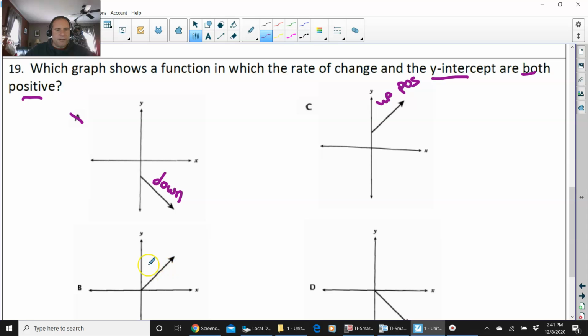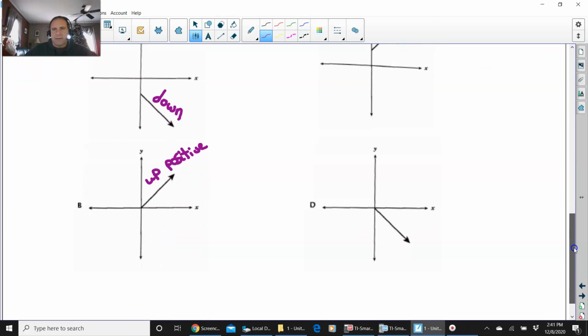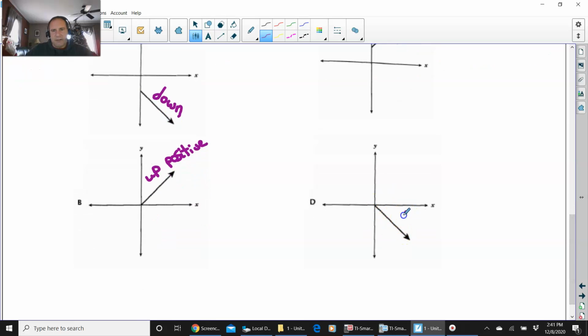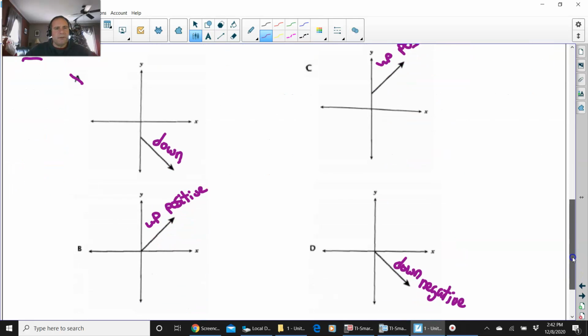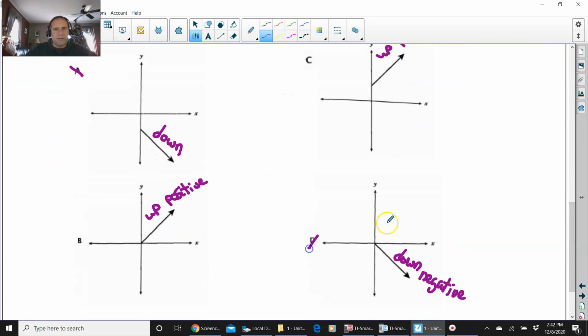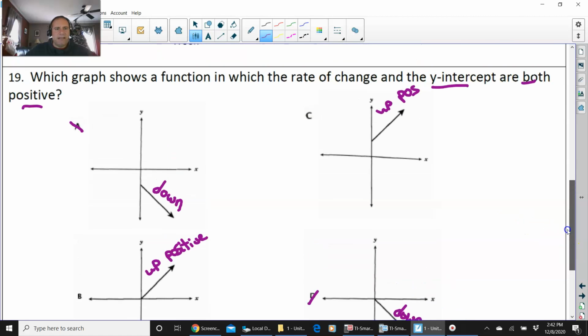This is up, so that's positive. This is down, so that's negative. So I'm just talking about the slope. So the downs are out. So it's either B or C.